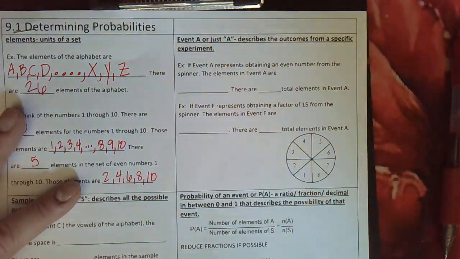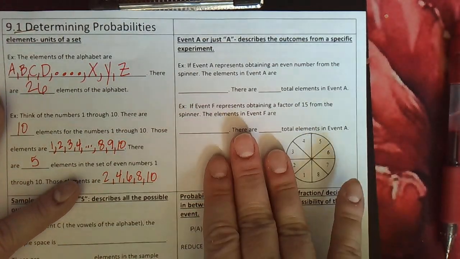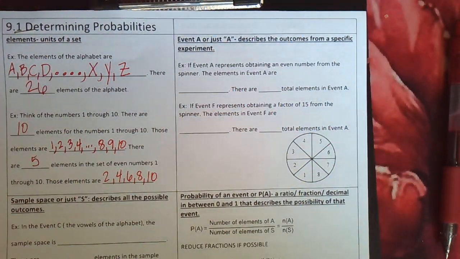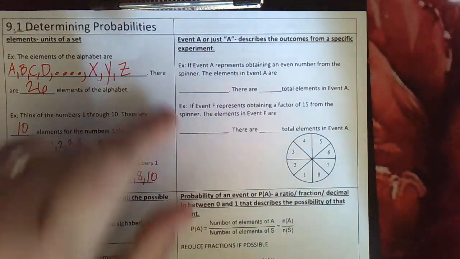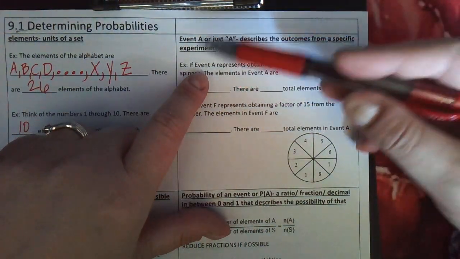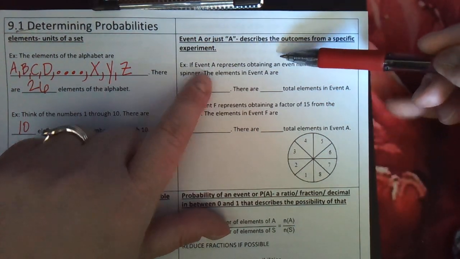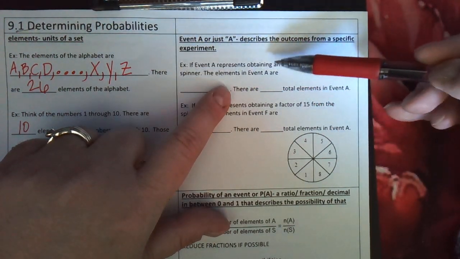An experiment can be looking at some cards. Or an experiment could be giving you a vaccine. So an experiment involves some sort of action. Something happened.